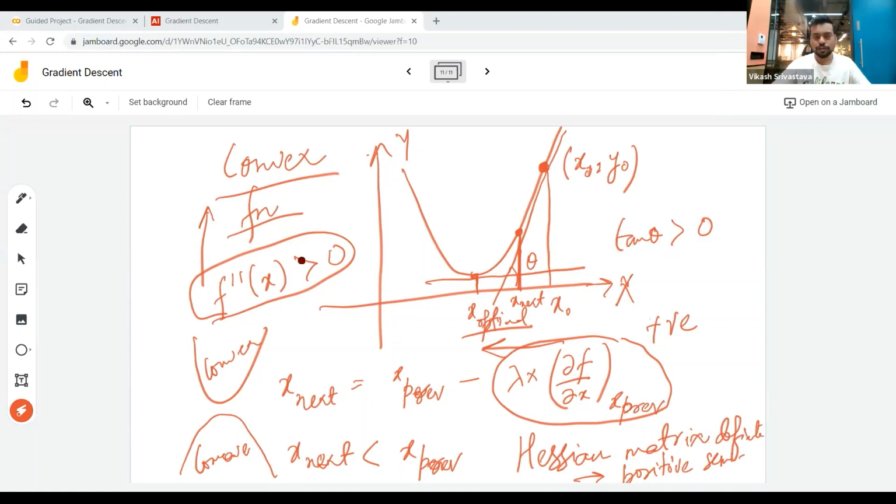So whenever we are talking about the gradient descent algorithm, we'll assume that the function we are minimizing is a convex function. Does that make sense, everyone?